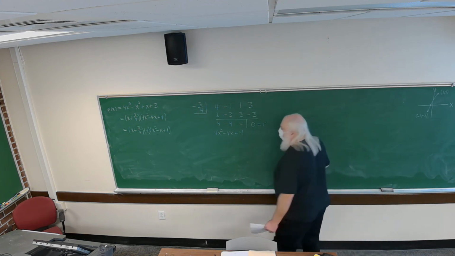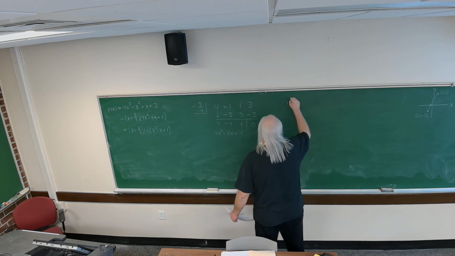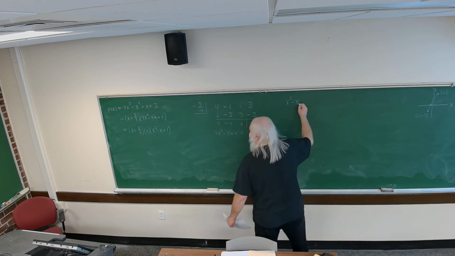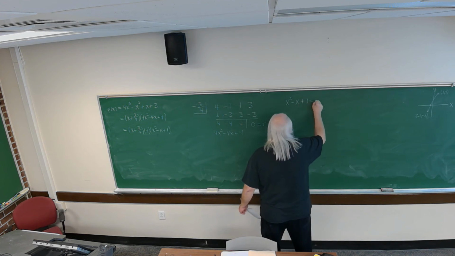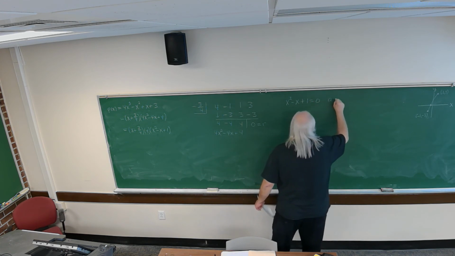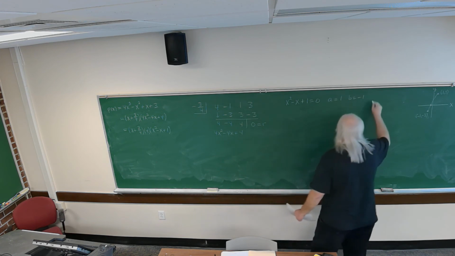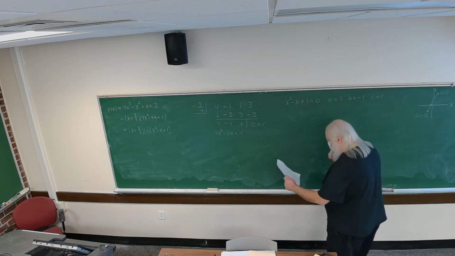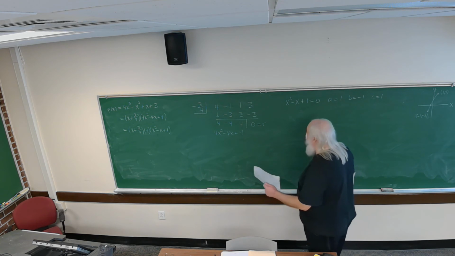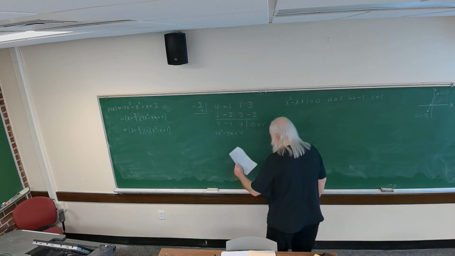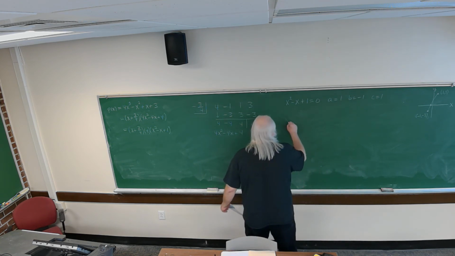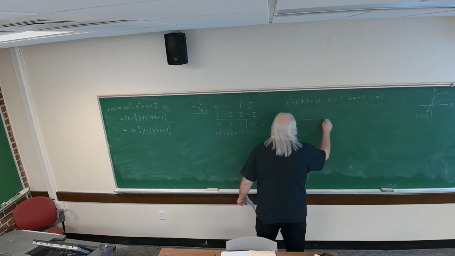So we set the quadratic x squared minus x plus 1 equal to 0. And so we have a is equal to 1, b is equal to negative 1, c is equal to 1. And now you got to use the quadratic formula.